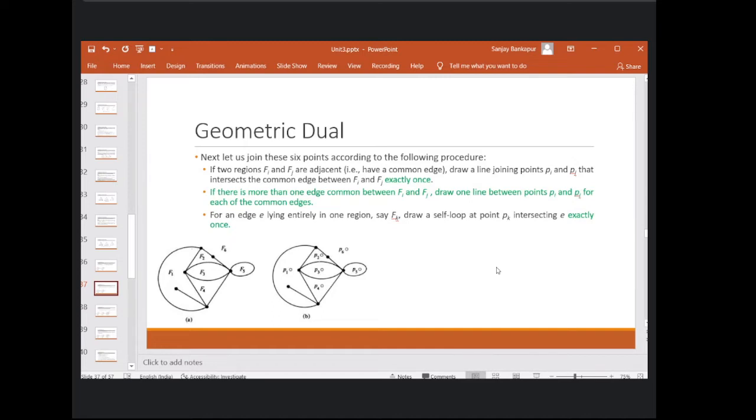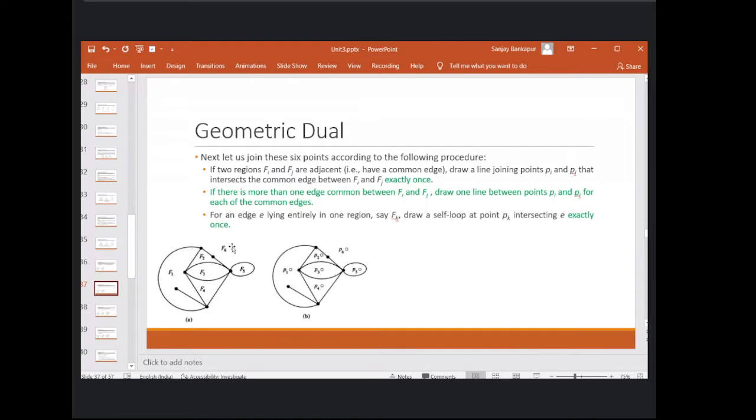Because F6 is an exterior region, outer region, infinite region. I can write F6 on this side also, and this whole part. Whichever region is not part of the given graph, the outer part is all F6. It's an infinite region. So definitely F1 and F6 can be considered adjacent.